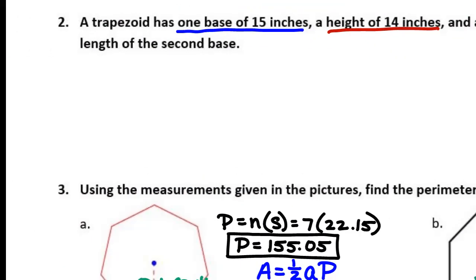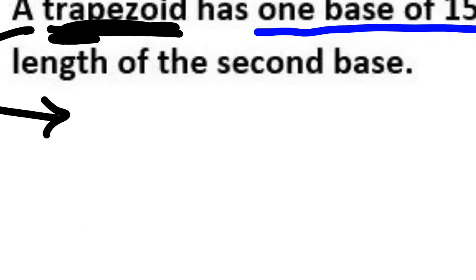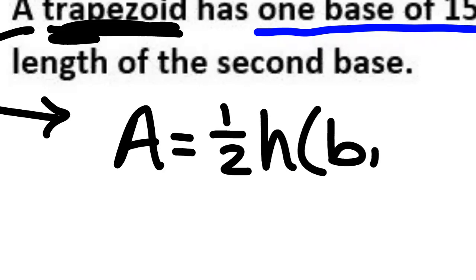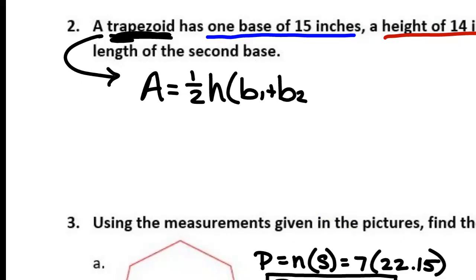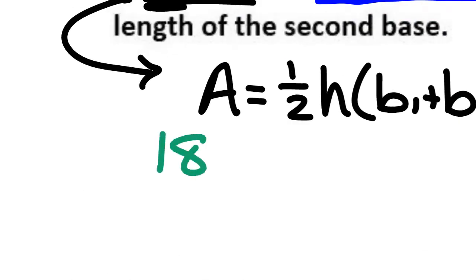So we need to know our trapezoid area formula. Area formula for a trapezoid is very similar to a triangle. 1/2. I have two bases, base 1 plus base 2, and then we have our height. They told me that the area is 182, so I put that in for A. So 182 equals 1/2.